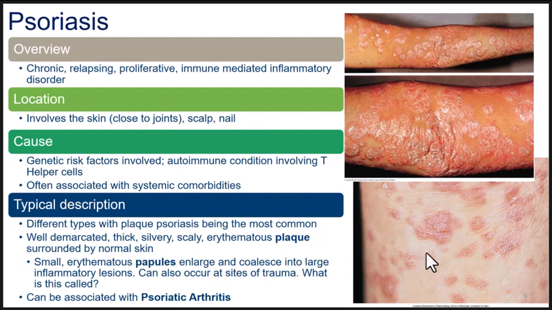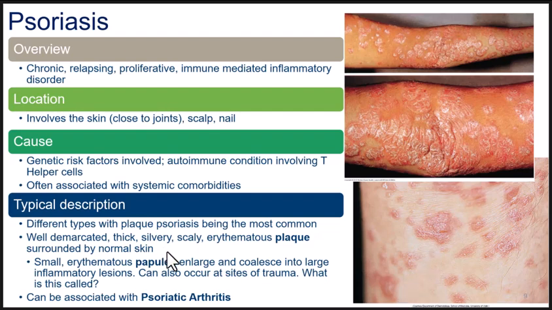So I'll rephrase that in case it helps. We have these papules here. These papules can start to get bigger and bigger and then coalesce with each other, forming a larger lesion here that would be described as a plaque. So we can say that papules are less than a centimeter in diameter, but a plaque would be greater than a centimeter in diameter.